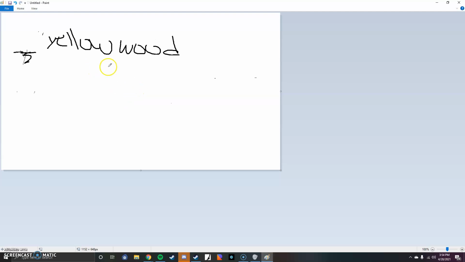So with this one, like I said, we would count the letters that we have. So we have W, O, another O, and then L. So I'm just gonna write on the right. We have 2 L's, 3 O's, and then 2 W's.